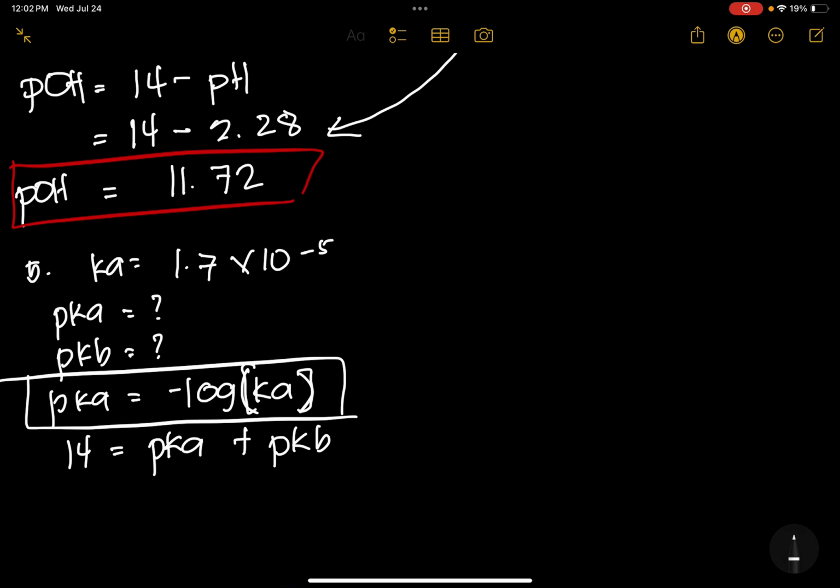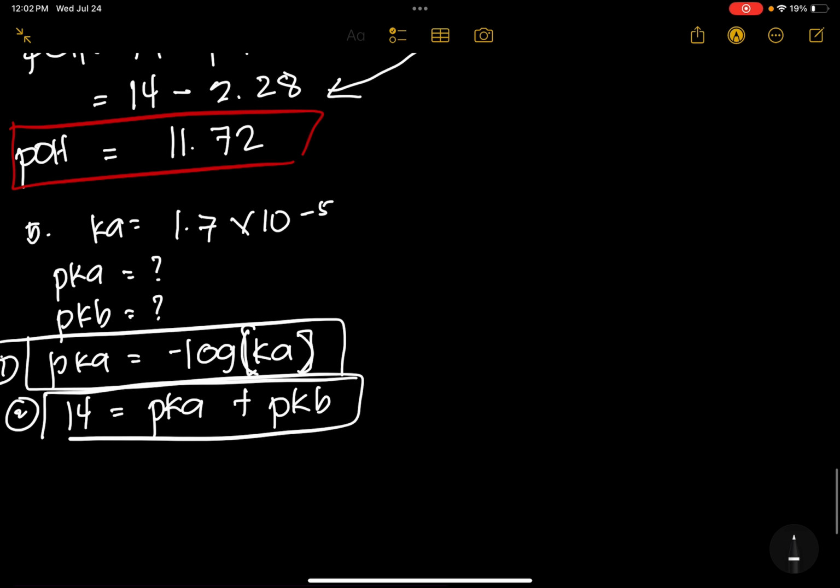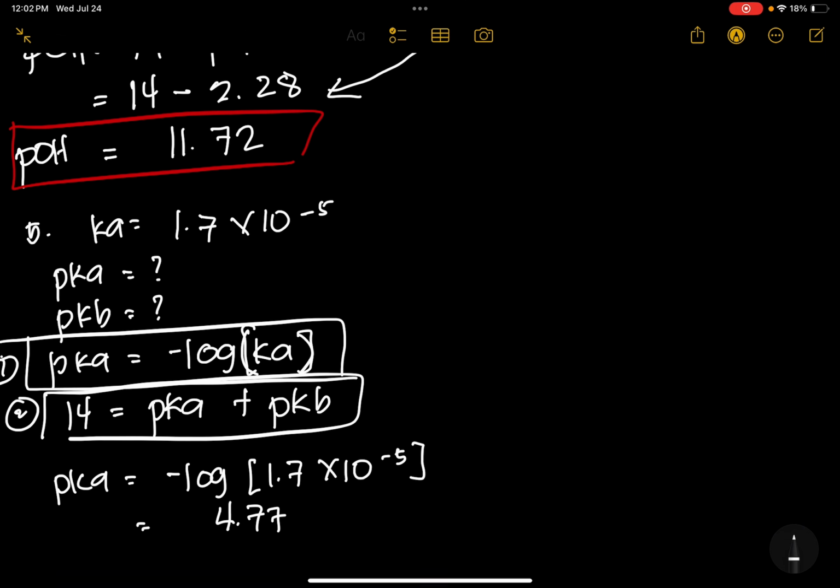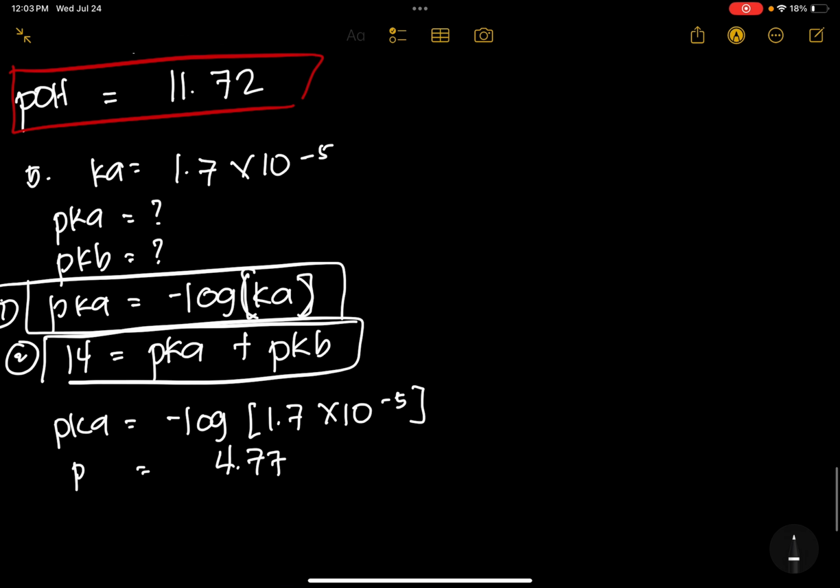This one and this one, so 1 and 2. So, paano? pKa is equivalent to negative log 1.7 times 10 negative 5. Answer, that would be 4.77. Okay, that is the pKa.